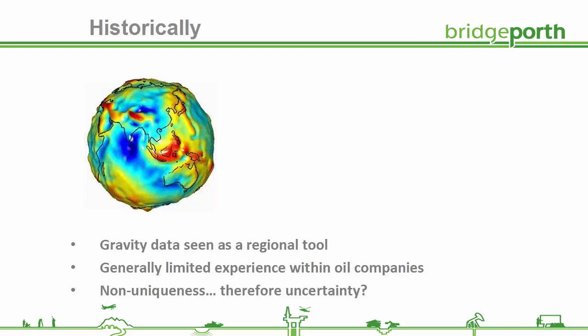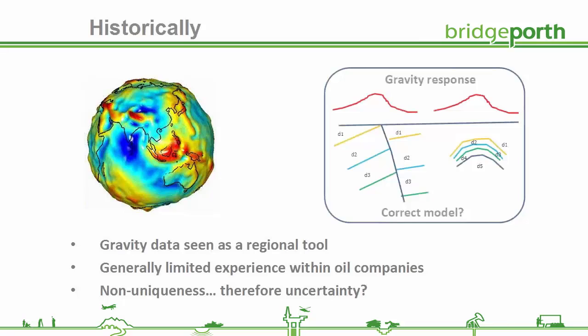What I'm hoping to show here is that with a bit of extra constraint, a bit of pre-knowledge of the geological environment, and a bit of common sense, a lot of that non-uniqueness can be removed, and both an integrated and a confident model can be produced.